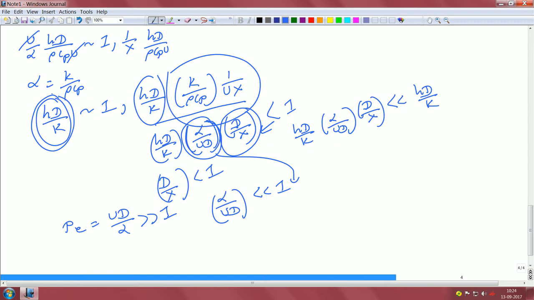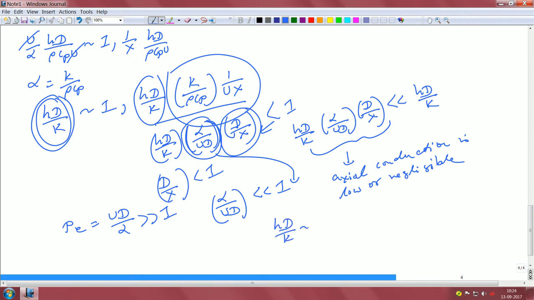In other words, we can say that axial conduction is low or negligible. Got it? So, we are left with only the terms involving the axial convection and the radial diffusion, or in other words, we are left with only Hd by k proportional to 1.